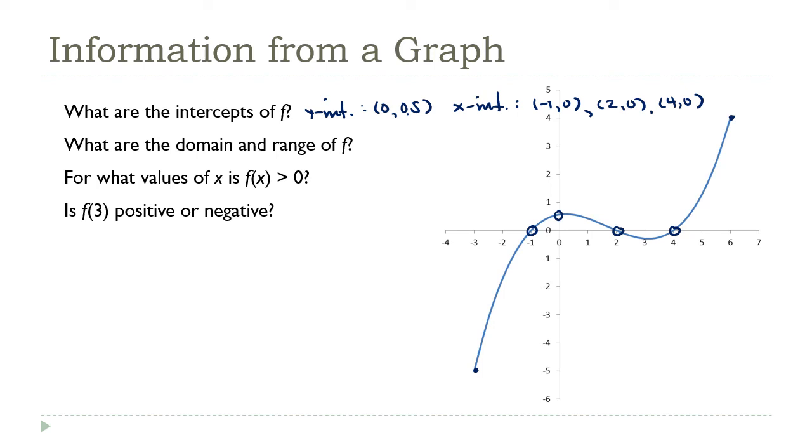Okay, so how about the domain and range? Well, the function starts, just thinking about the x-axis, we're talking about the domain. The function starts here at -3 and it ends here at 6. Right, so I would say the domain of this is -3, 6.